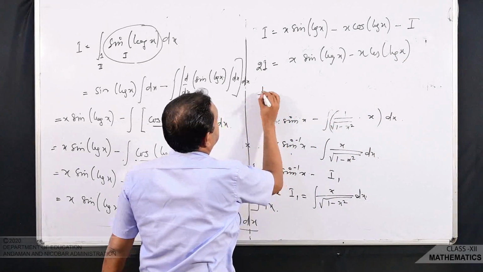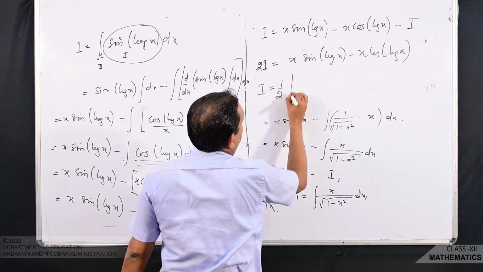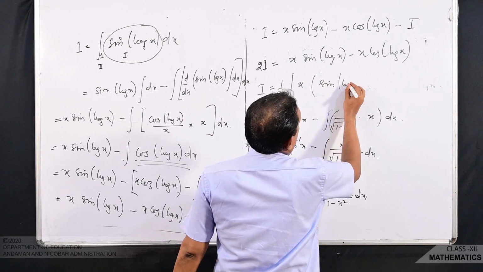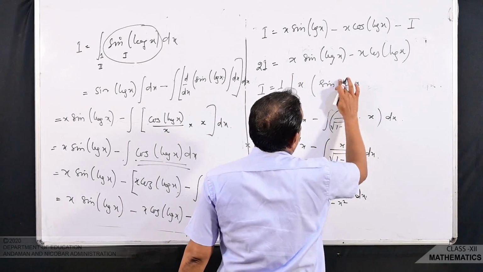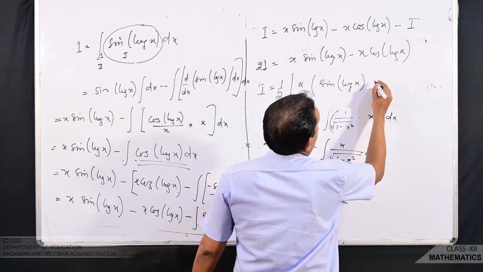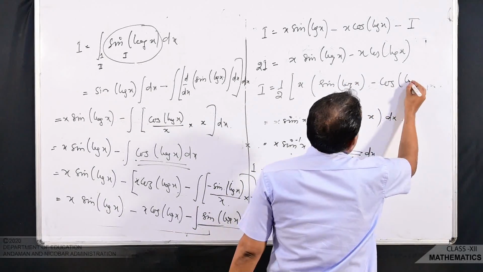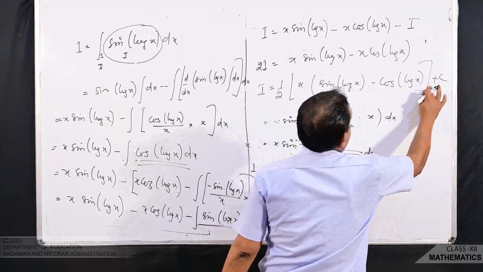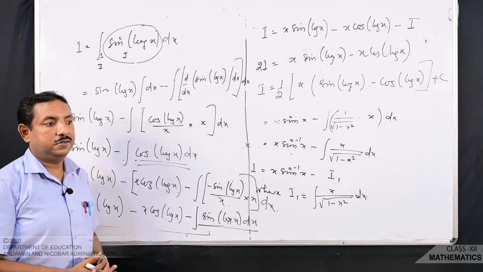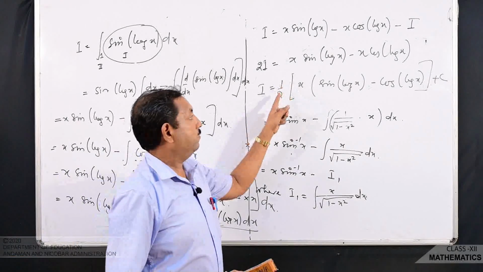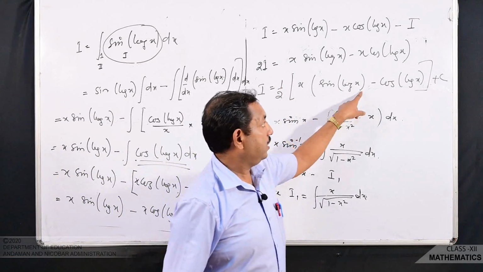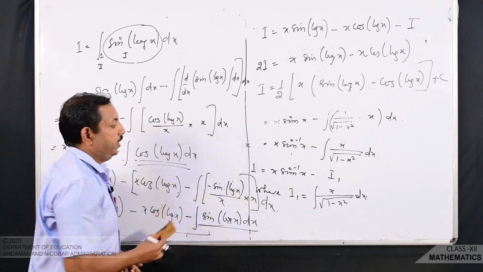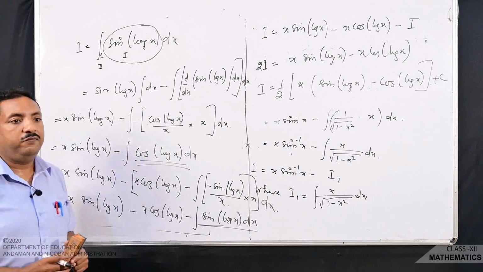So I equals 1 by 2 times x, taking x common, sin log of x minus cos log of x, and you can put C here also. That is the answer: I equals 1 by 2 times x times sin log x minus cos log of x, plus C. This way you can find the integration of such functions.